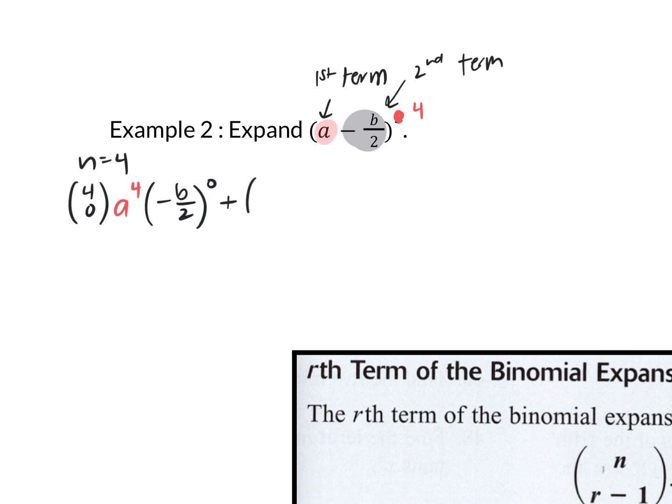All right, then I'm going to do 4 choose 1 of a to the 3rd power, and negative b over 2 goes to the first power.